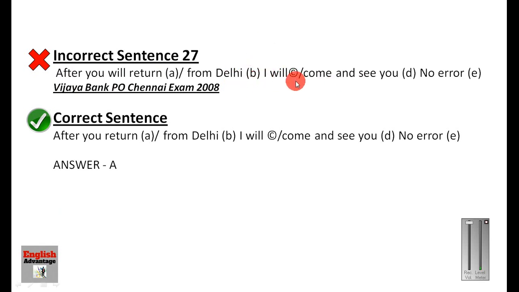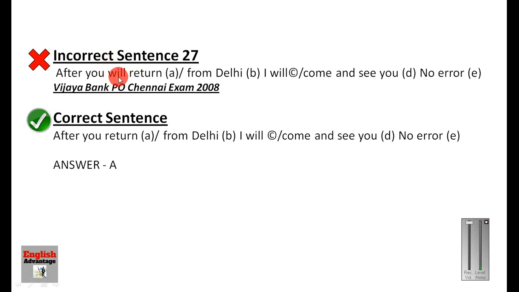One part is the independent clause or main clause, and this is the dependent clause. Both are future clauses. So in this kind of sentence, in the dependent clause, you have to write the sentence in the present simple tense. After you return, before you return, as long as you return, unless you return, until you return, this way. So this part you have to write in the present simple tense.